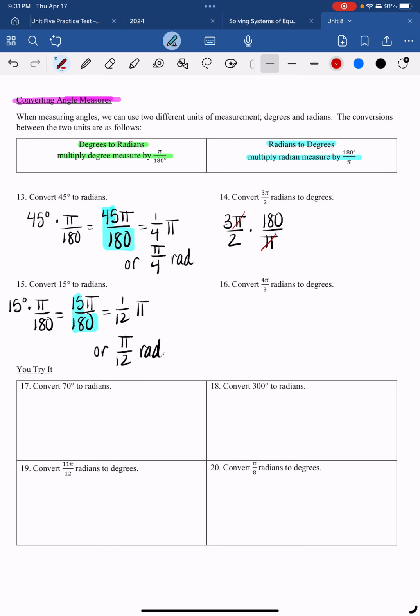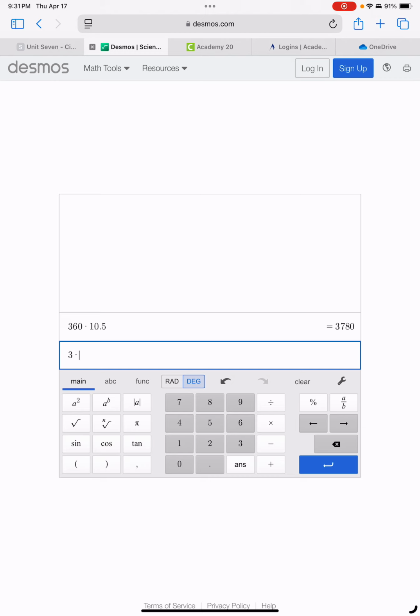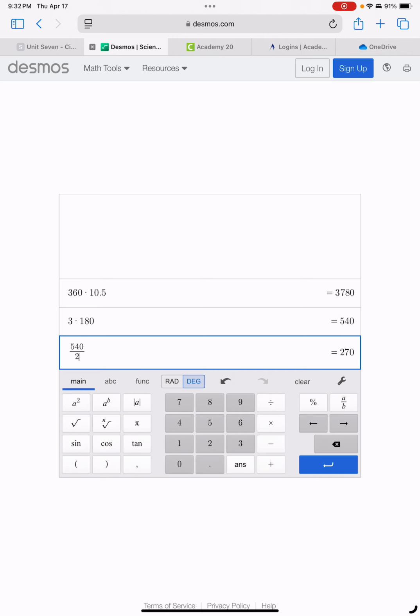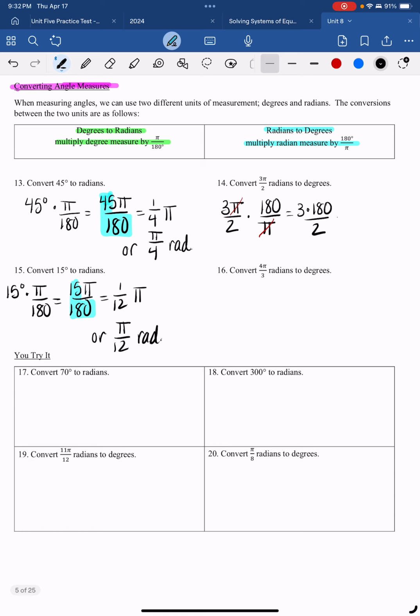So all we have to work on is 3 times 180 divided by 2. We can use our calculators for that one. 3 times 180 is 540, divided by 2 is 270. So 3 pi over 2 radians is 270 degrees.